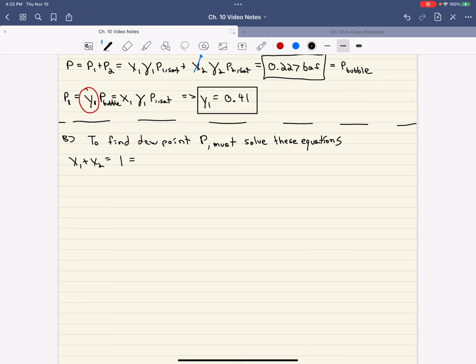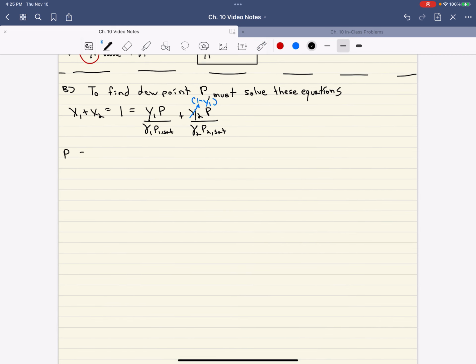And we plug in our modified Raoult's law rearrangement. We could replace y2 with 1 minus y1. Alright, and then here we're going to have pressures in both terms, so we could factor out and isolate it.